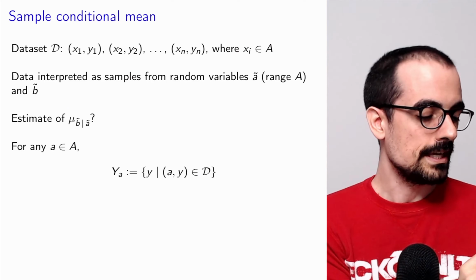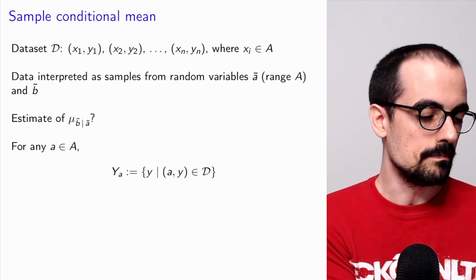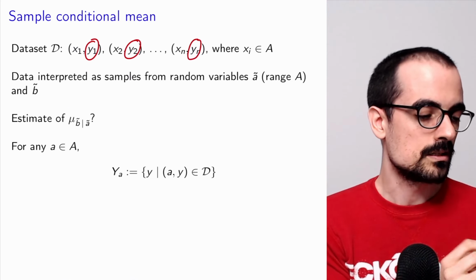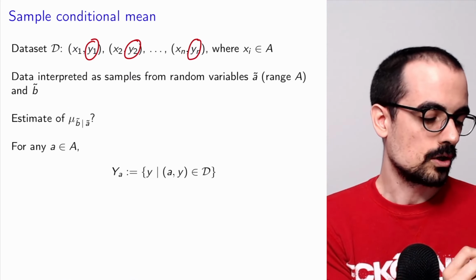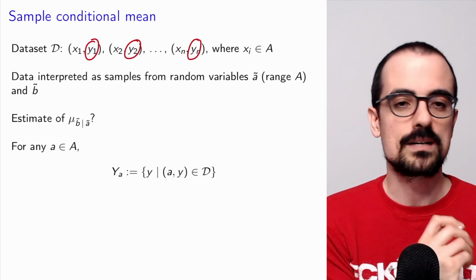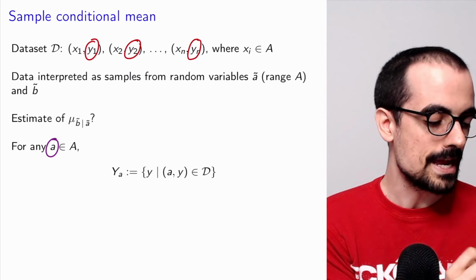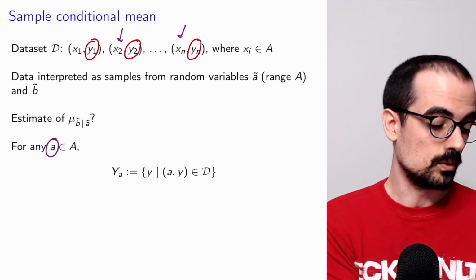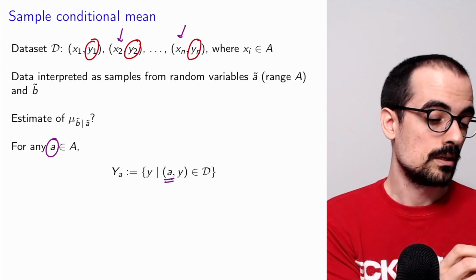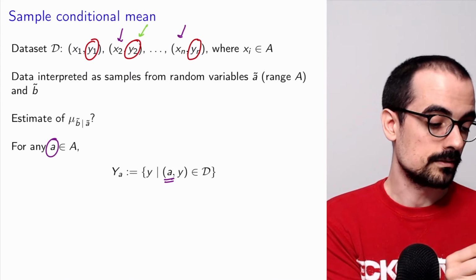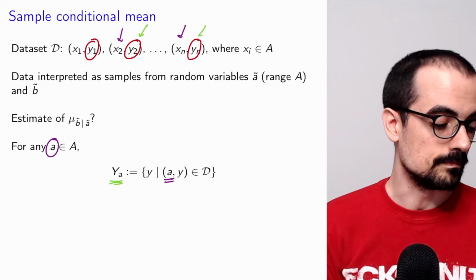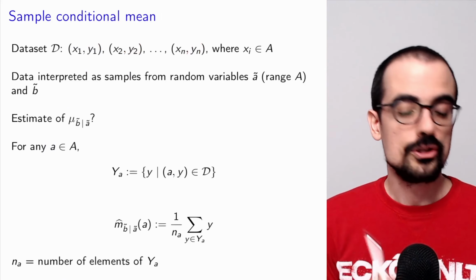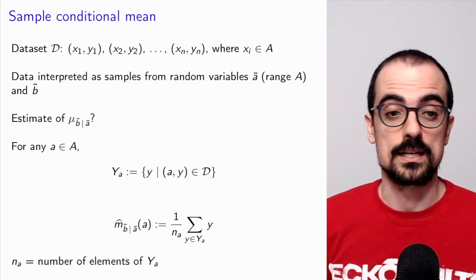So if you're interested in the mean of a quantity b, which corresponds to the second entry in these pairs, and you want to condition on the first entry, the random variable that represents the first entry being equal to a certain value a, you're going to look for the pairs where that value is equal to a, and you're going to average the second entry of those pairs. This is what this bag of values is: all the pairs for which the first entry is equal to a, and then you compute the average of the second entry.